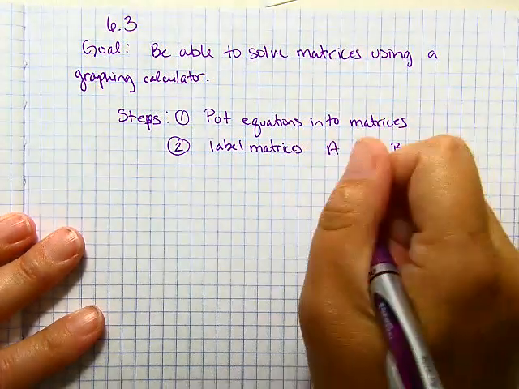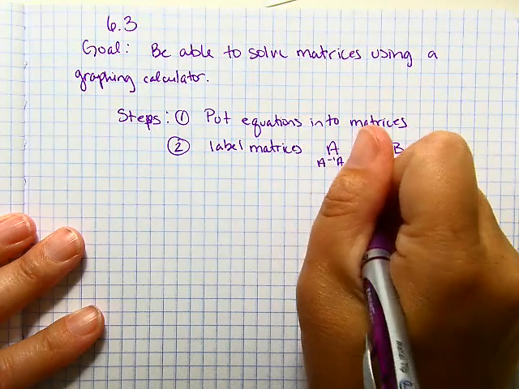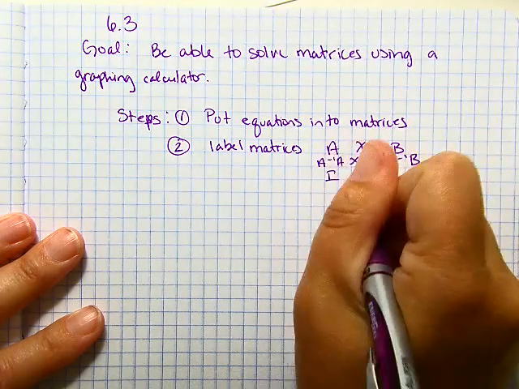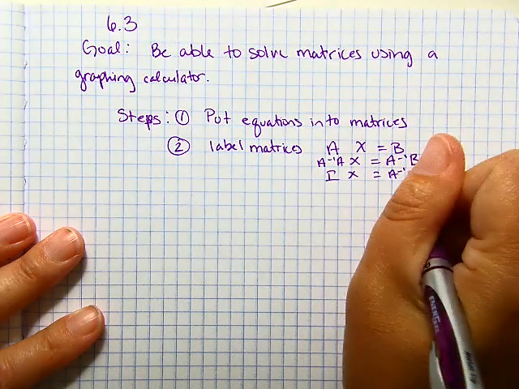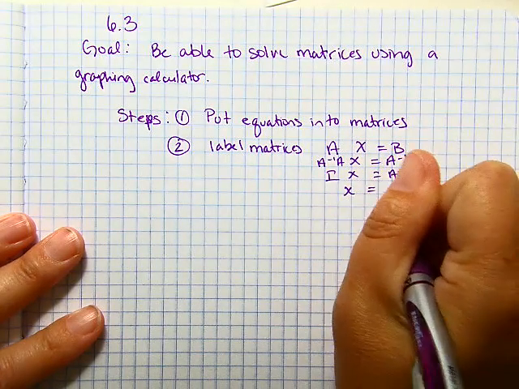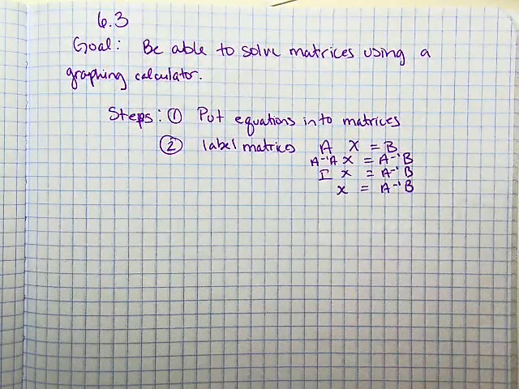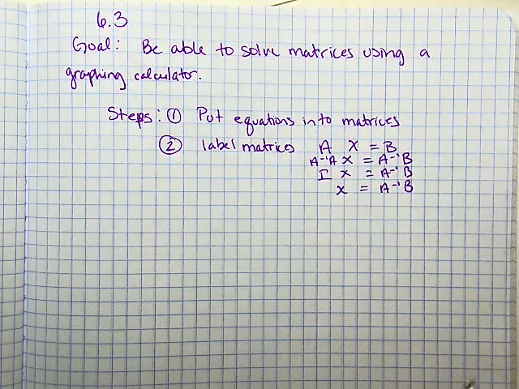And then you're going to solve. So left multiply. We get, say, identity, which is like multiplying by 1. And what you're going to do is you're going to plug A inverse B into your graphing calculator.